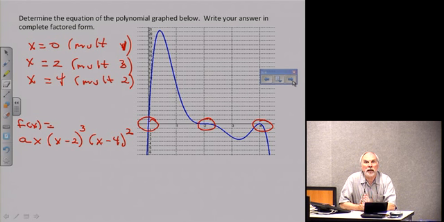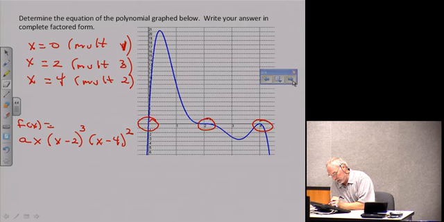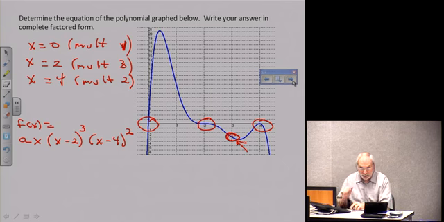Now we need to determine the value of a. In order to determine the value of a, we need to pick off a point. Find a point that has nice, neat, whole number x and y coordinates. So I'm going to put on my glasses again and scan through. And I notice right down here, there's a nice point that has nice, neat, clean x and y coordinates.